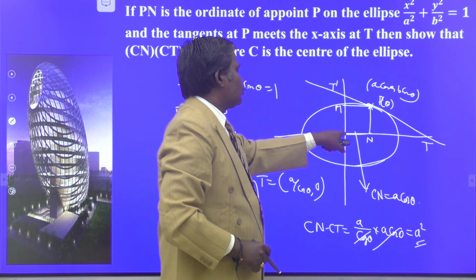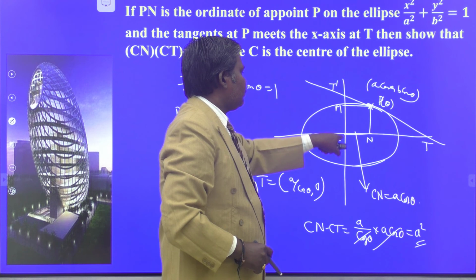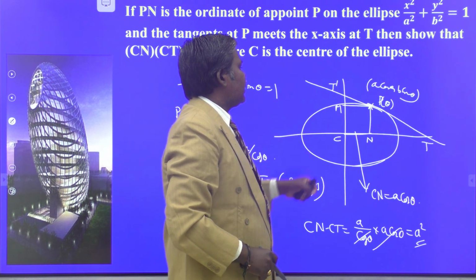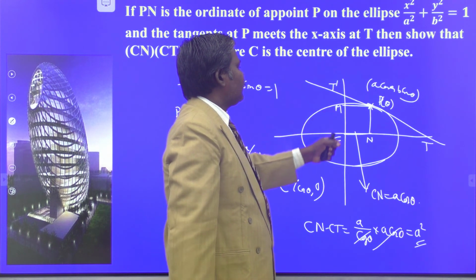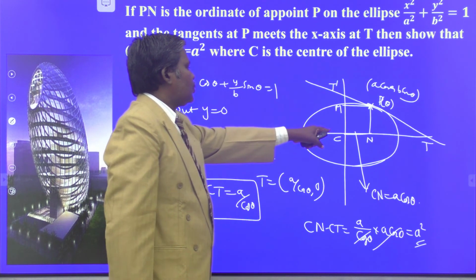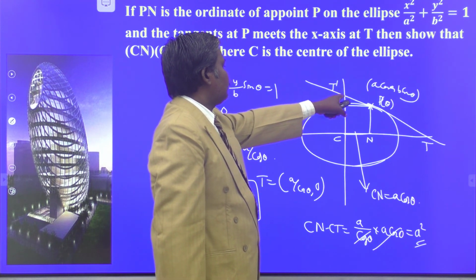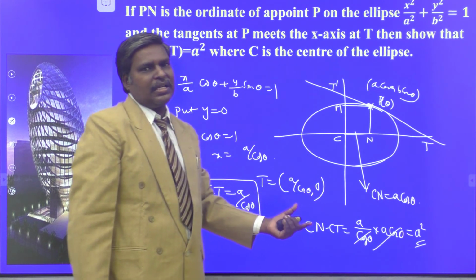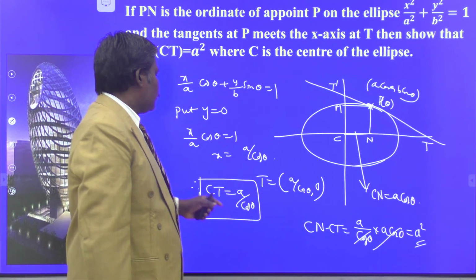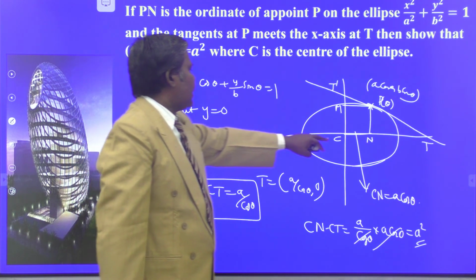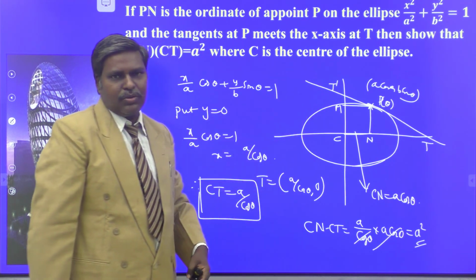Then we have to show that Cm into Ct dash is also b square. Right? What are the coordinates of M here? 0 comma b by sin theta. This is b sin theta, the distance Ct dash is b sin theta into b by sin theta. What is that? b square. So, Cn into Ct is equal to a square and Cm into Ct dash is equal to b square.